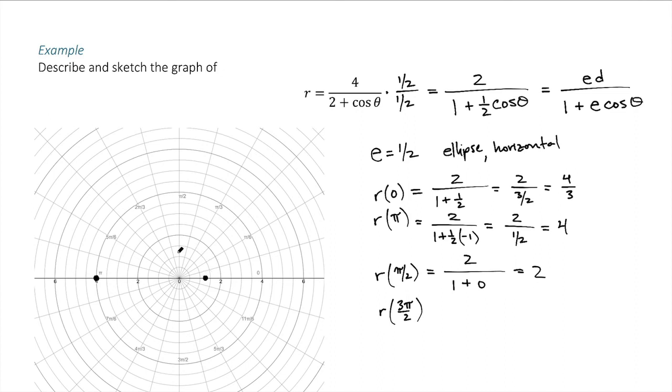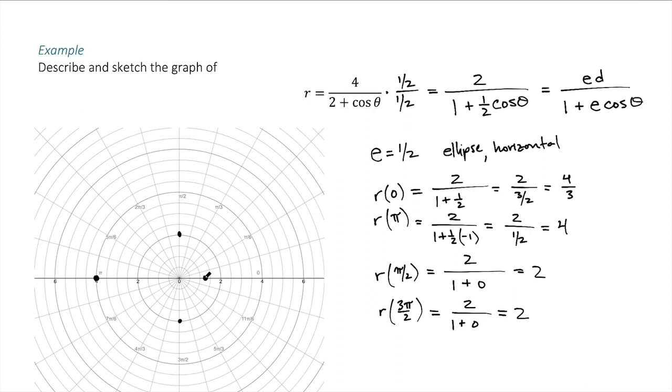So at an angle of pi over 2, we get 2. And at 3 pi over 2, we get 2 over 1 plus 1/2 cosine of 3 pi over 2, which is also 0, so that's 1 plus 0. So we also get 2. So 0 and then down 2.